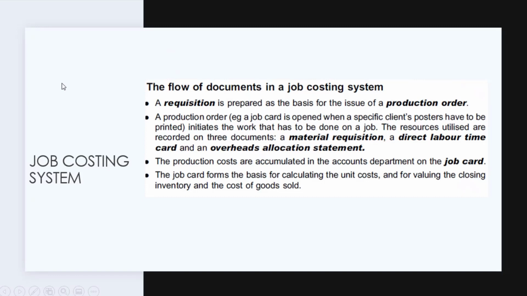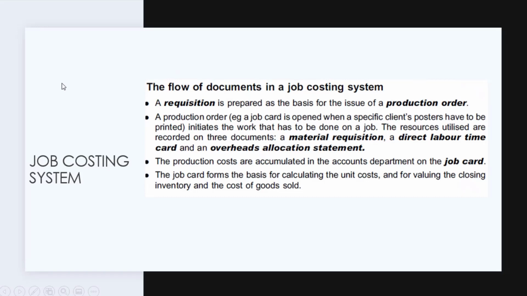But anyways, the flow of documents within a job costing system is that there will be a requisition that is being prepared for this specific order, right? That requisition is you filling in your specifications. I want my windows to be tinted.